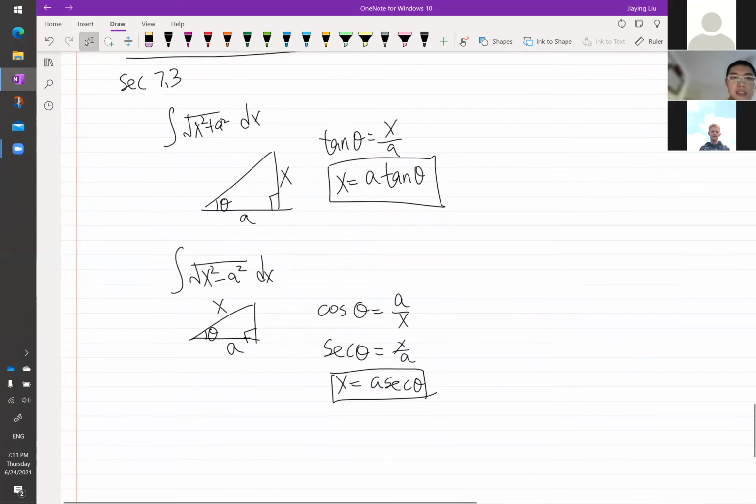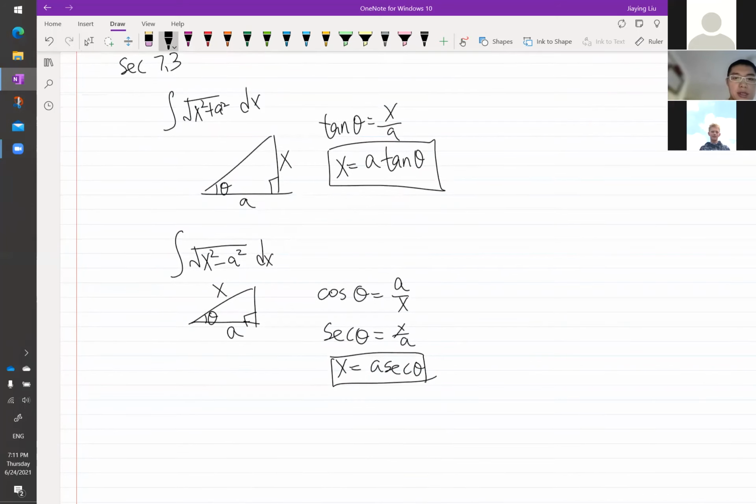And the last case is if you have integral of square root of a squared minus x squared dx. So the right triangle we draw, that's theta. A will be the hypotenuse. It's a squared minus x squared, so a is longer than x.